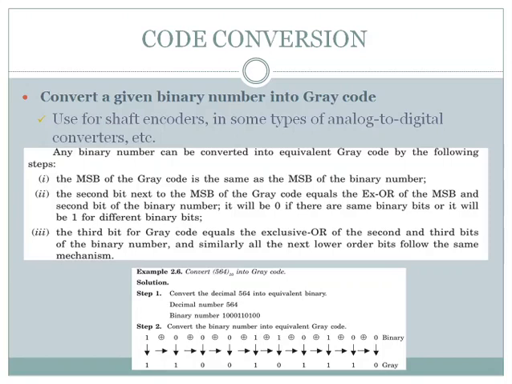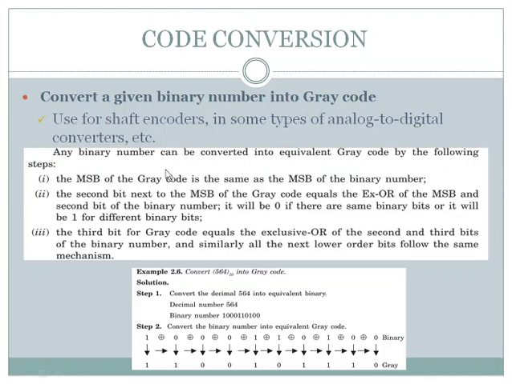So what can be the MSB bit of the gray code for a given binary number? The most significant bit of the gray code is the same as the most significant bit of the binary number. And then what about the other bits?